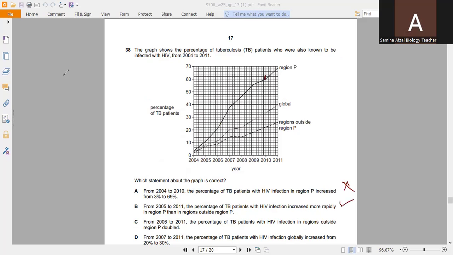You can see that the rate has increased from 2006 to 2011.